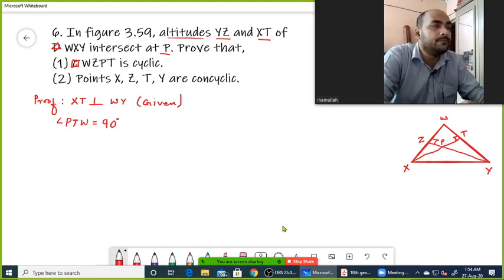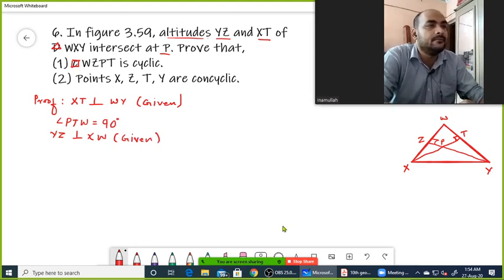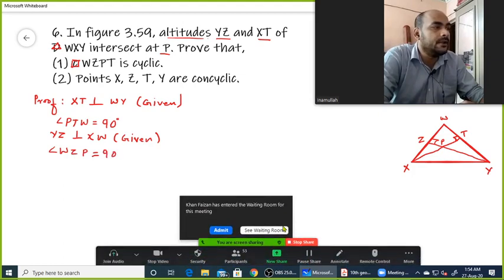In the same way, YZ is perpendicular to XW. Again, this is given. So here I can say angle WZP is 90°.